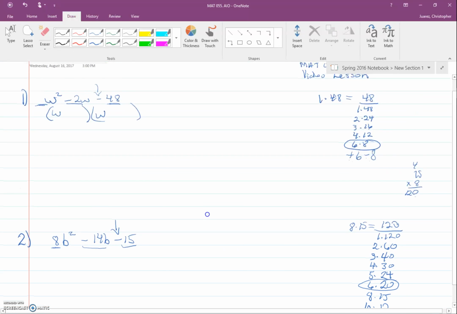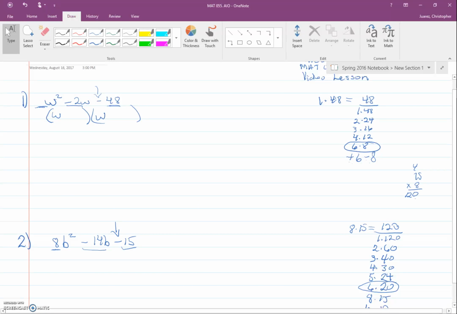The difference now is, up until now we've done pretty much exactly the same thing, although on number 1 I automatically put a double bubble, and on number 2 I did not. So on number 1, all I need to do now is plunk these two in, and I'm done.